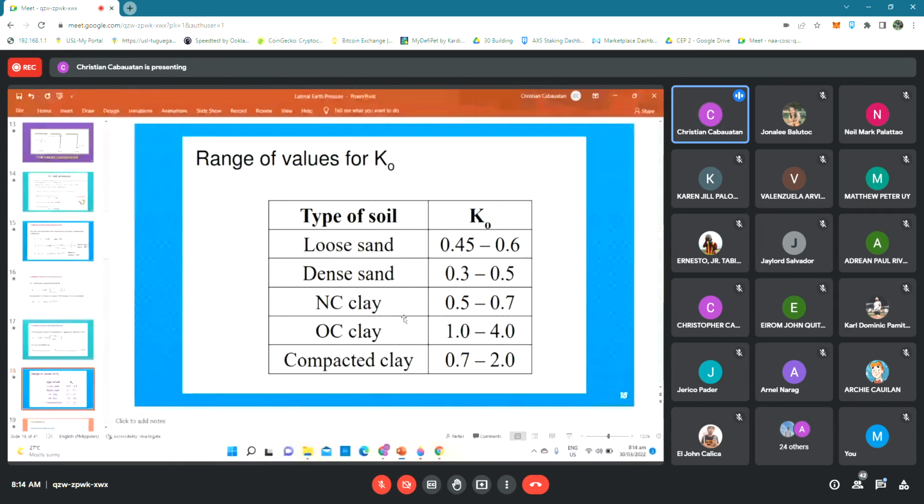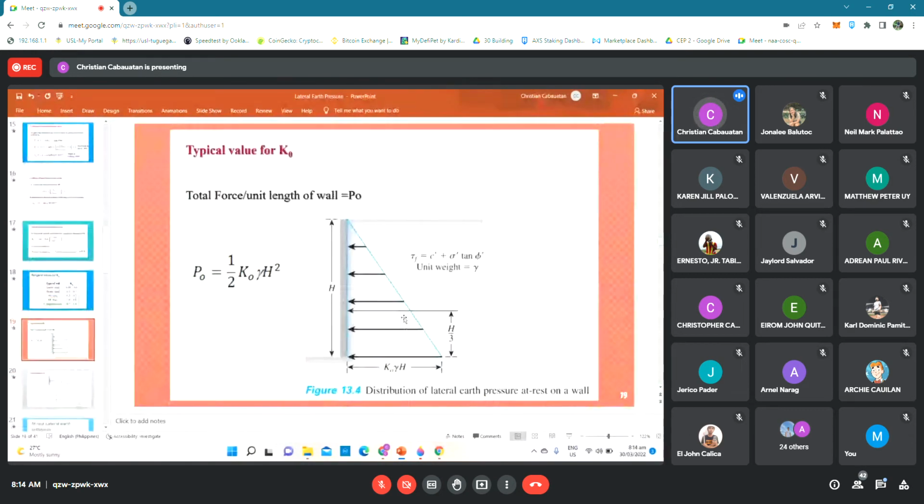So this is a typical value for Ko, or this is the diagram for a typical single layer of soil. So for the force per unit length of wall, as I said earlier, instead of your Po, you have to replace it with Fo.